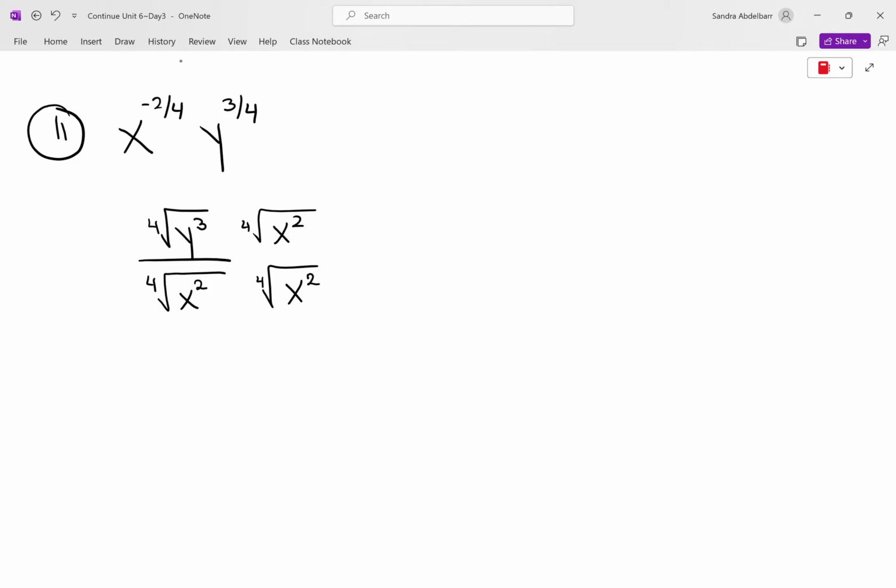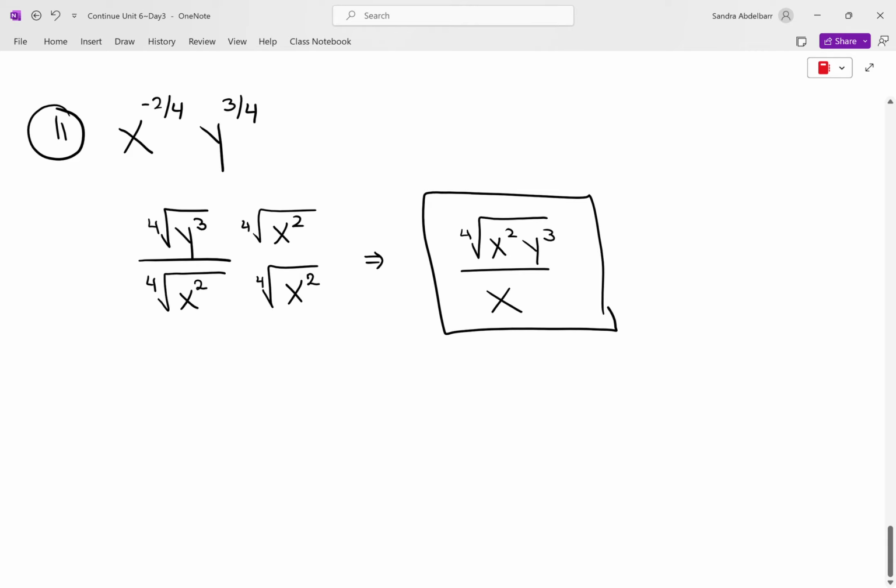Oh, with the 4. You got it. 4th root of x squared. So in our denominator, we're going to be just x, right? We're going to have a group of 4 x's, so that's just x. And in our numerator, we're going to have the 4th root of x squared y cubed.